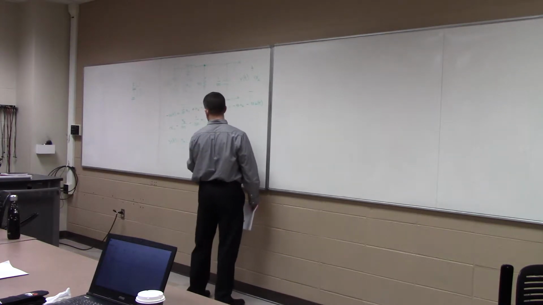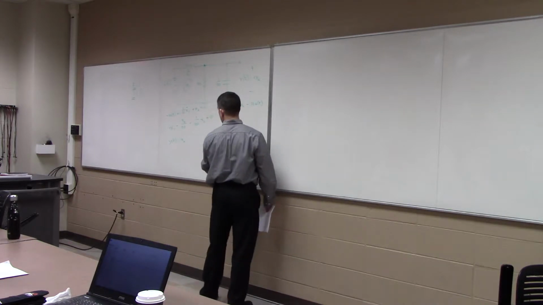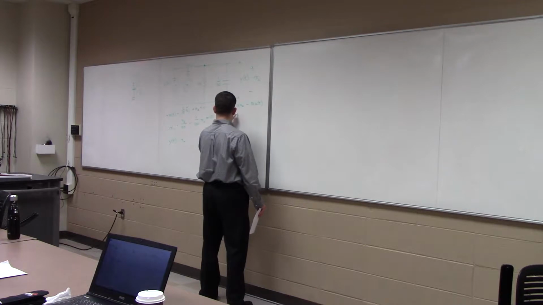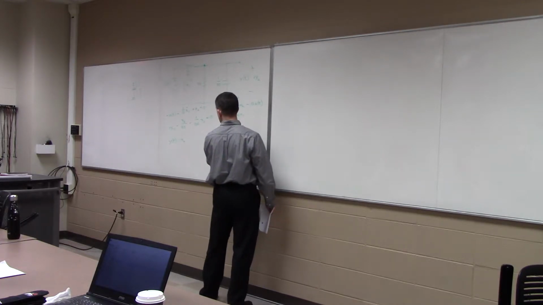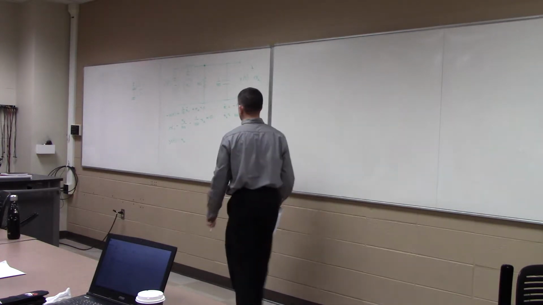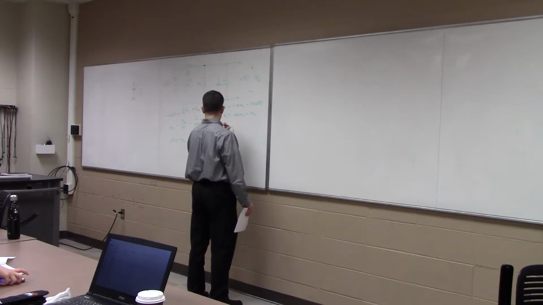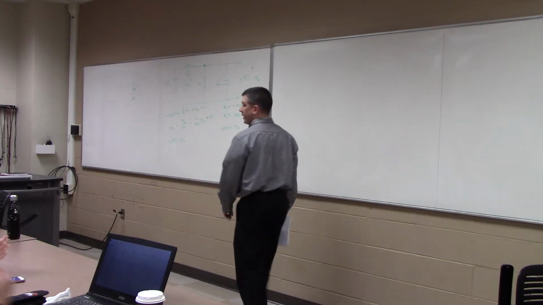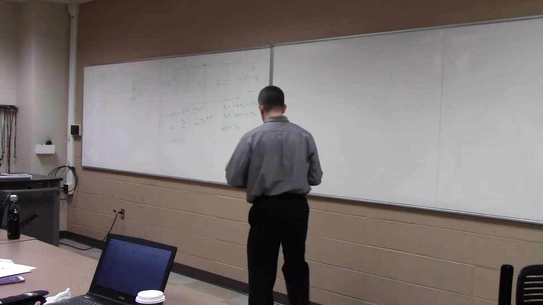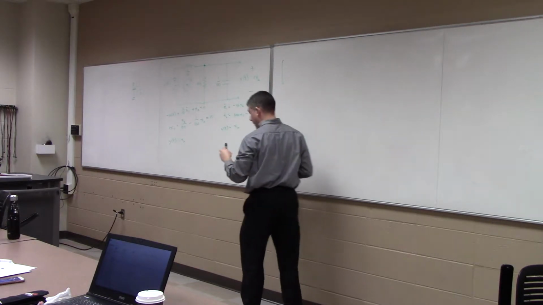This one will be x2 dot is equal to 100 x1 minus x2. Once I solve for the change in x1 and the change in x2, then I can go straight into my, let's not do it that way.